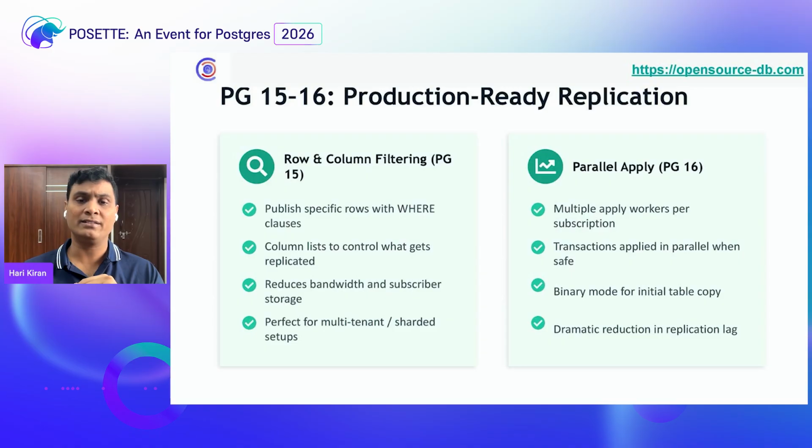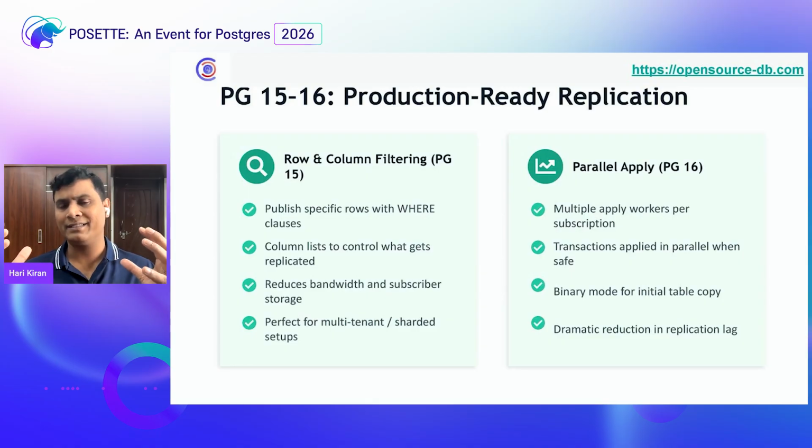Similarly, you can choose to publish only specific columns. This has huge implications, assuming you are looking at a multi-tenant architecture. Data sovereignty compliance is a very important feature that some of the platforms offer, and it simply reduces the bandwidth and the storage costs of replication.